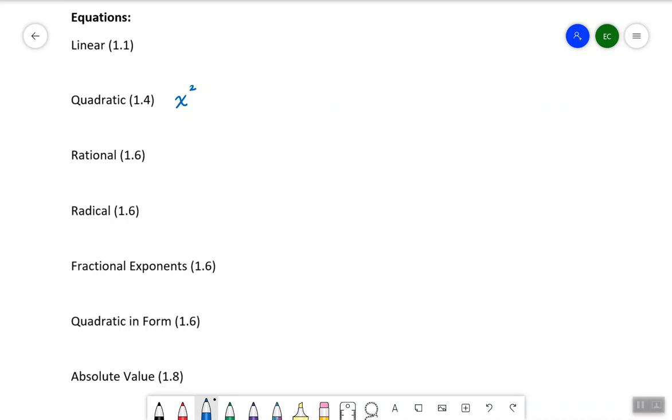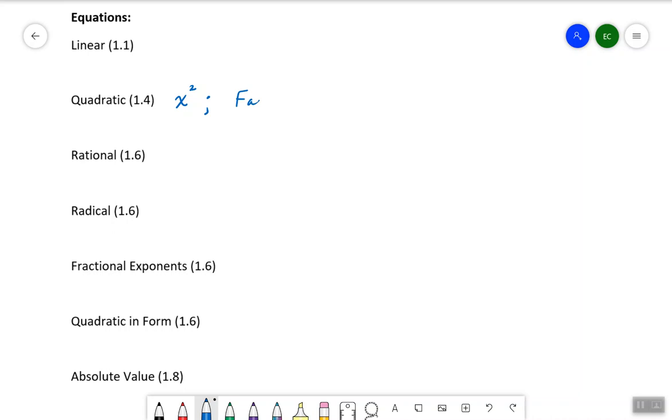Of course, most linear equations have exactly one solution. Most quadratic equations have exactly two solutions. Quadratic equations were more complicated, and we found 4 different ways to solve a quadratic equation.